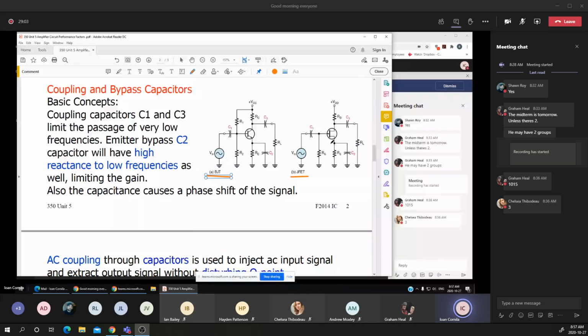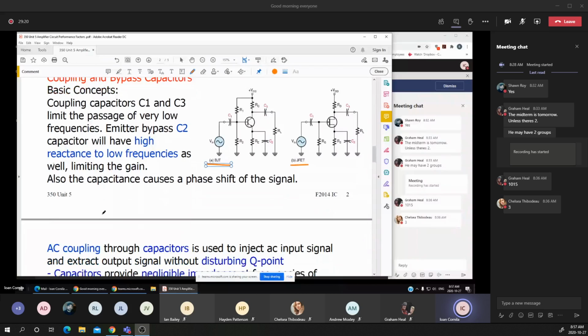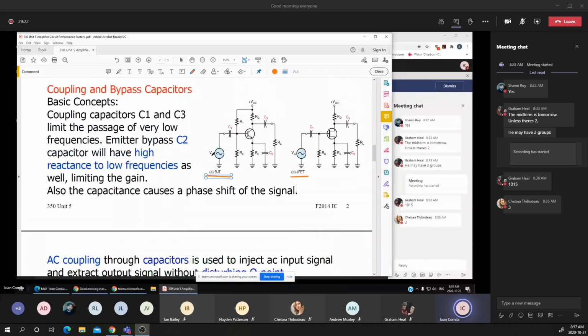And on Friday, I mentioned that we'll discuss the last topic of this unit, the FETs, and we'll talk about the JFETs and CMOS technology. But at this point, remember that C2 is used in parallel with the RE.